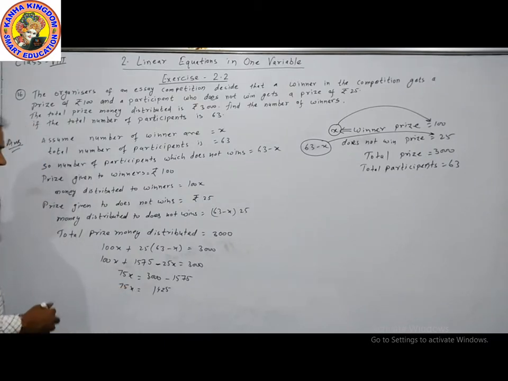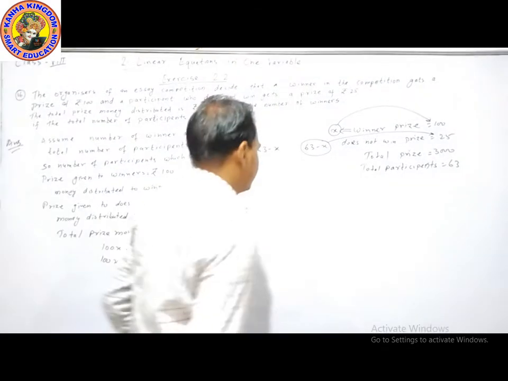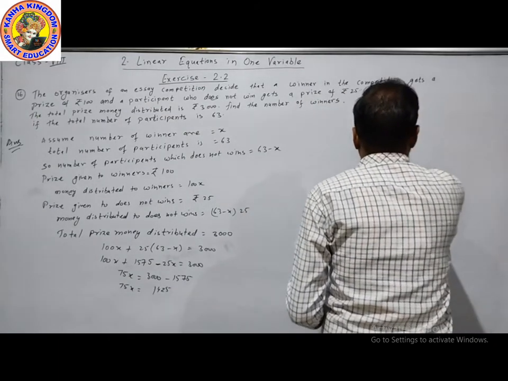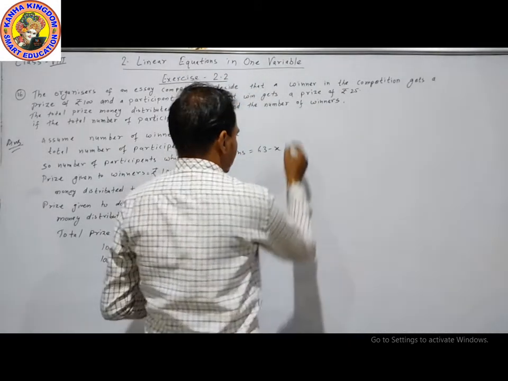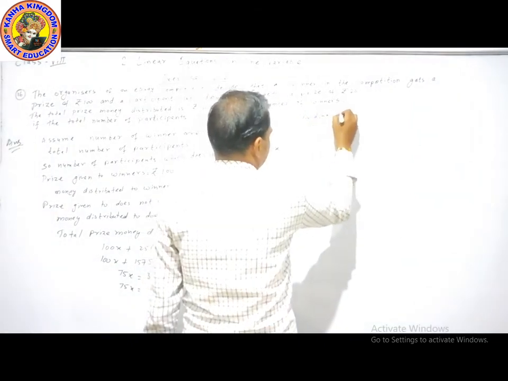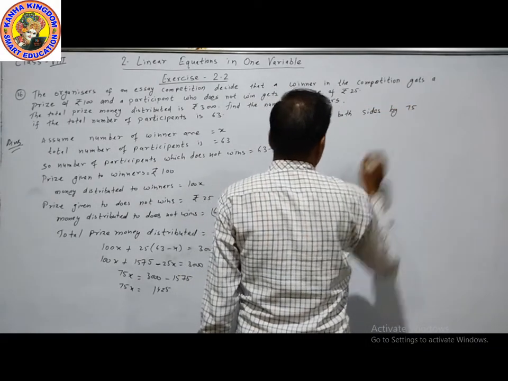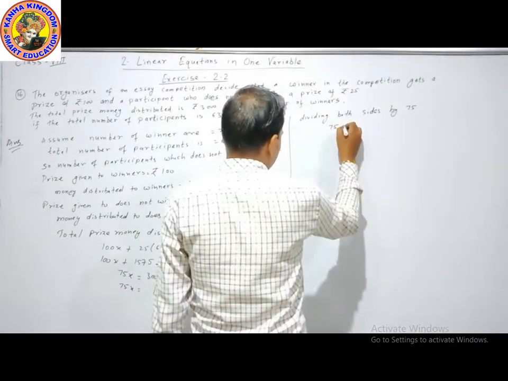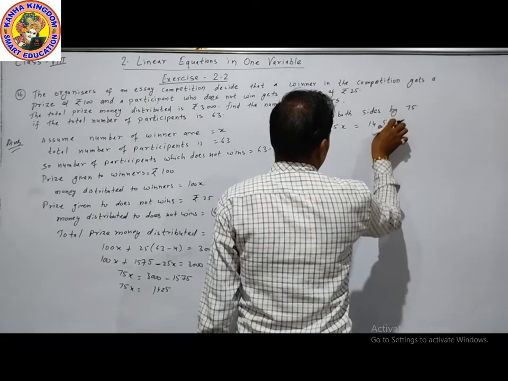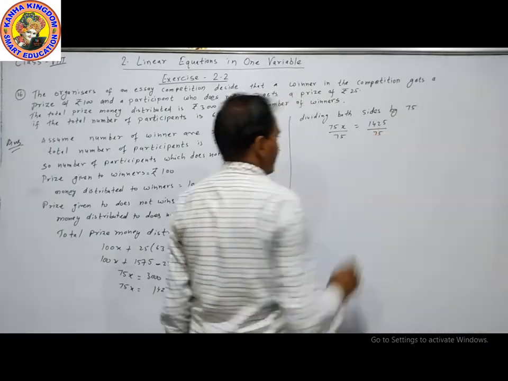Here 75 is a multiplier, so we will divide by 75. Dividing both sides by 75, the equation is 75X is equal to 1425, divide by 75, divide by 75.